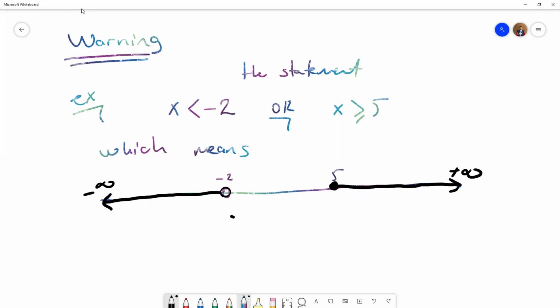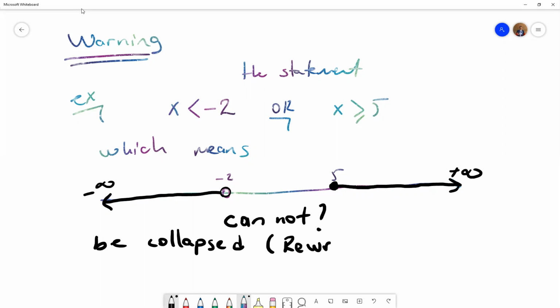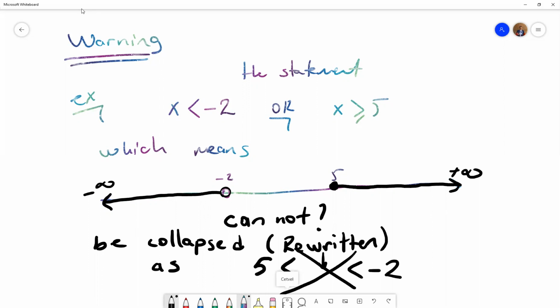But this cannot be collapsed, I mean, written as like that. Writing some x or whatever, and this one. This is not possible to write. This is nonsense.